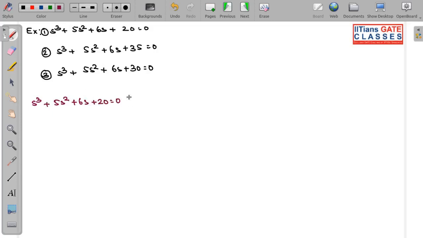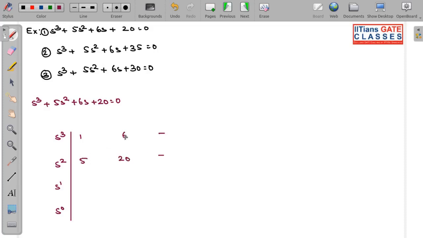Let us construct the Routh table very quickly: s cube, s square, s to the power 1, s to the power 0. So 1, 6, and this will be blank, and next will be 5, 20, and this is blank.